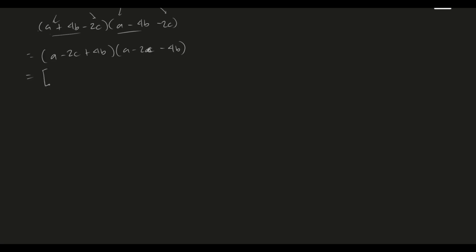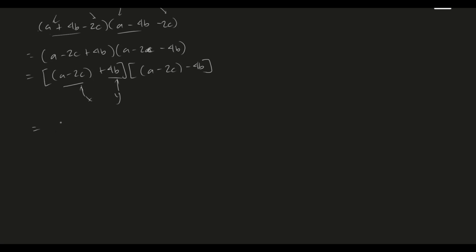So we'll group them. We have a minus 2c plus 4b times the quantity of a minus 2c minus 4b. So this will be our x, and this will be our y. It's also the same thing on the other side.